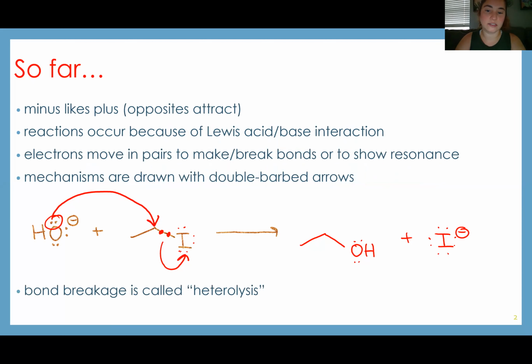It was always based on some sort of electrostatic interaction where there's a large electron density and another area that has a lack of electron density. Electrons were always moving in pairs to make and break bonds or to show resonance. All of our mechanisms were drawn with double barbed arrows. And in these types of mechanisms, bond breakage is called heterolysis.